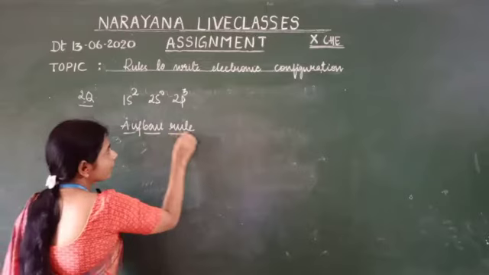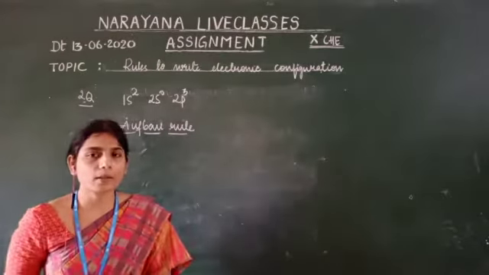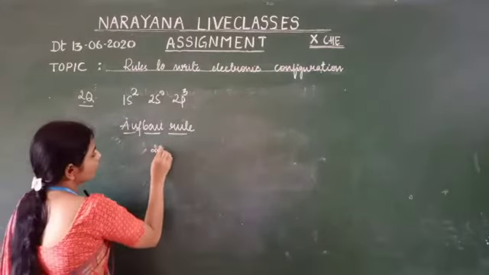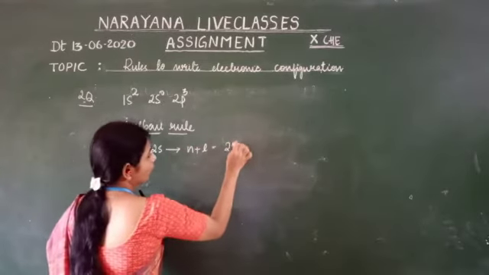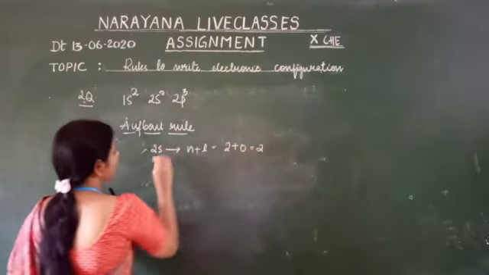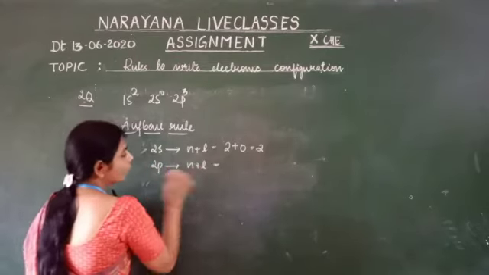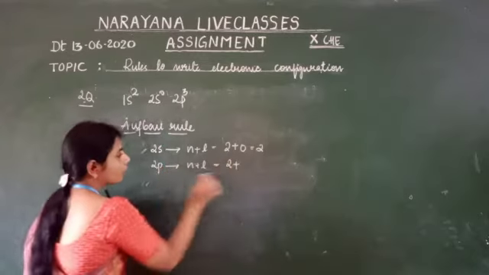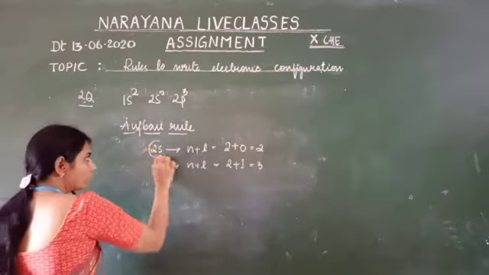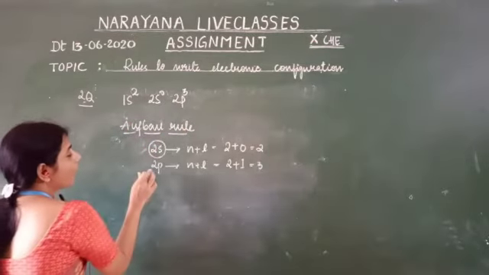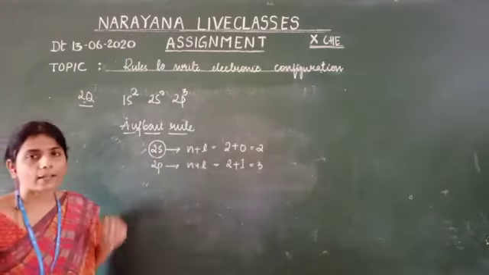The electron enters the lowest n plus l value first and then the higher n plus l value. Now coming to 2s, the n plus l value is 2, since l for the s orbital is 0. Next for 2p, the n value is 2 and the l value for p is 1, that is 3. So first electrons have to enter the lower 2s orbital and then the 2p orbital. This will be your explanation for the second question.